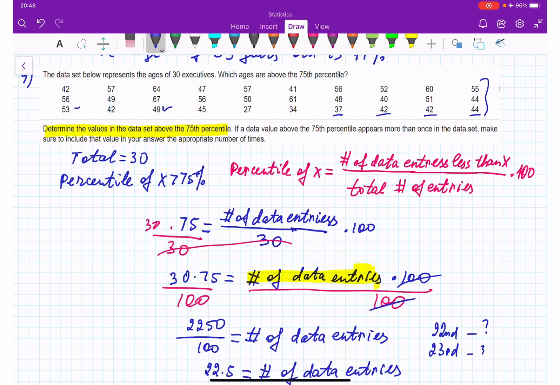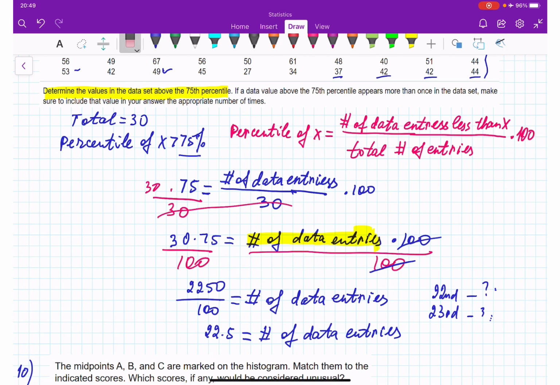So the 22nd and 23rd positions give the 75th percentile, right? If they are the same number, say both are 45, then the 75th percentile is 45.